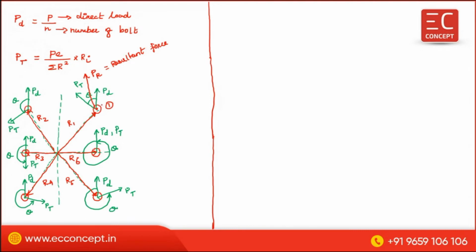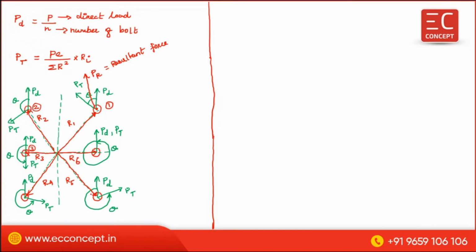That is the bolt having minimum theta and maximum R. But in the second case, bolt R2, you have R2 equal to R1, but the theta is more than this theta. That's why, as compared to bolt number 1, bolt number 2 is subjected to less resultant. Similarly, bolt number 3 is subjected to less, since here R is less and theta is more. Here theta is more, R is okay.